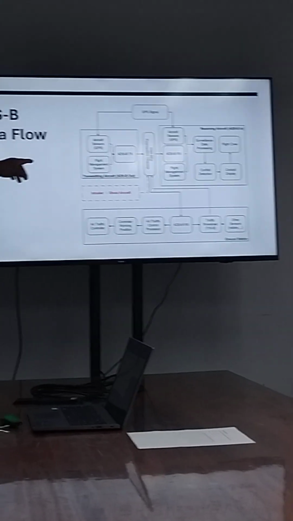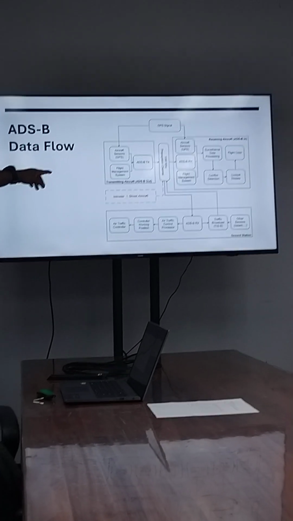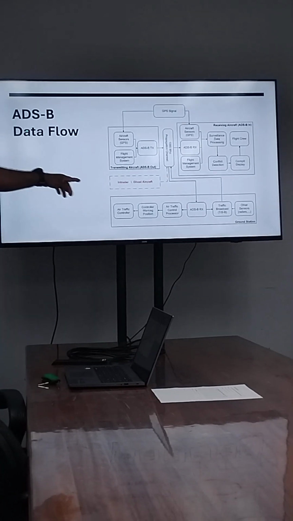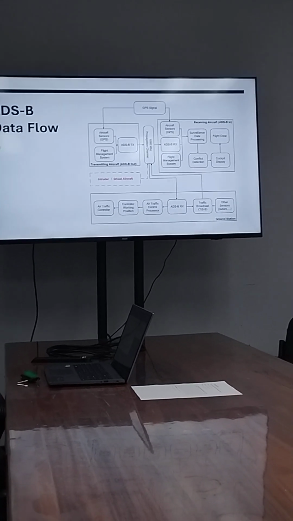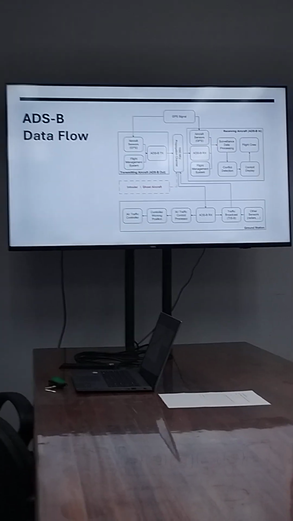As soon as the ADSB data comes in, you see in the flow chart the point going down to our ADSB receiver. The first block is the ADSB receiver.